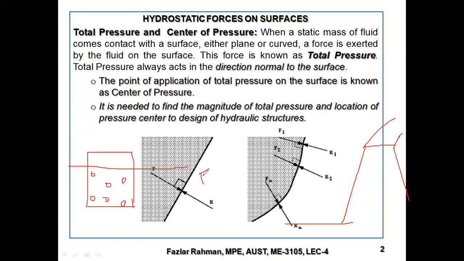You know force equals P into A, right? But if you consider the bottom pressure, the force will be extremely high. Again, if you choose from the top, pressure is low. So which one will you take?